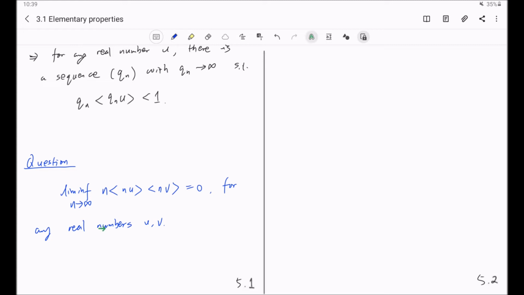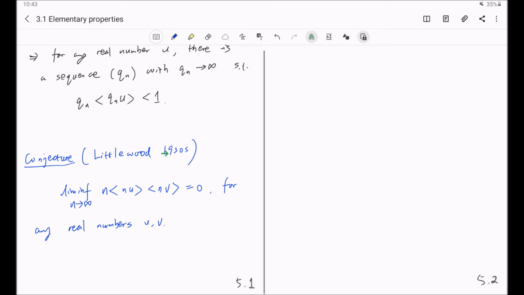And I told you that this is a big deal because this is not just any question. This is a conjecture due to Littlewood in 1930s. Many mathematicians have investigated this conjecture over the decades.